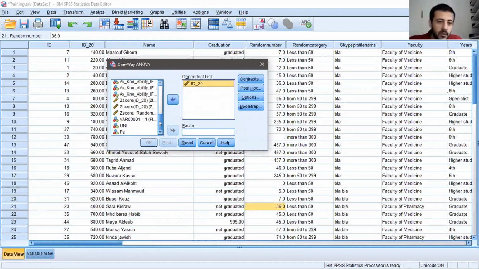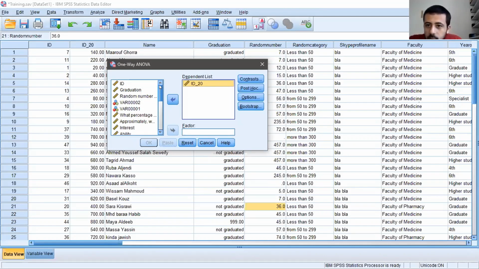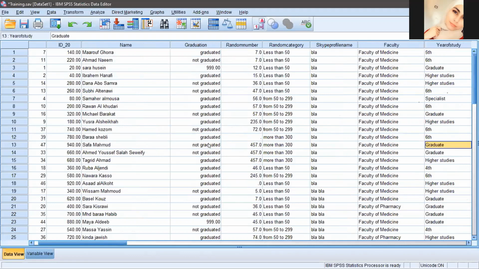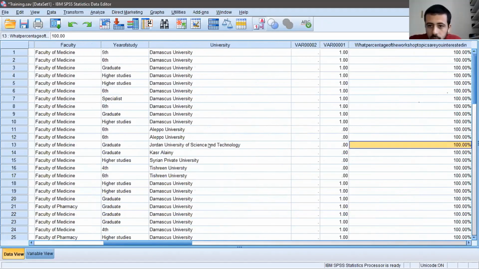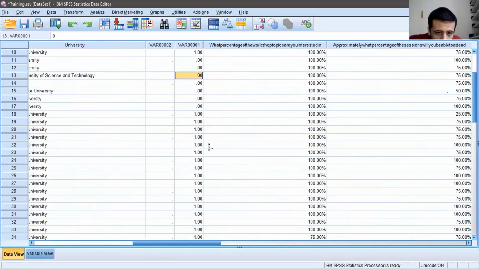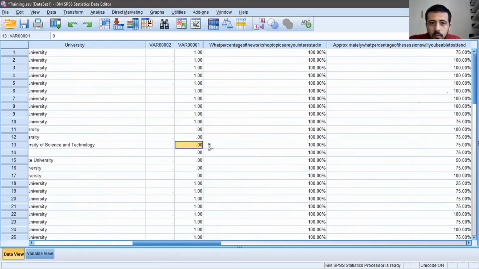No, the university will not be here because it's not coded. We need something from those. Okay, let's take the interest. Just 1 minute. For those 0, 1 interest.